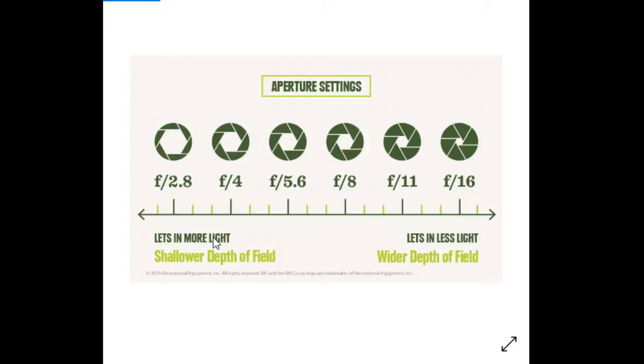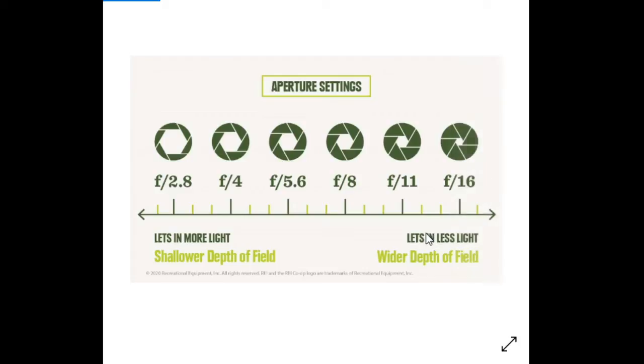When you let in more light, because we've got that exposure triangle, you can take faster pictures, faster shutter speed, or you can use a more reactive ISO, which is ISO 100 or so, okay?